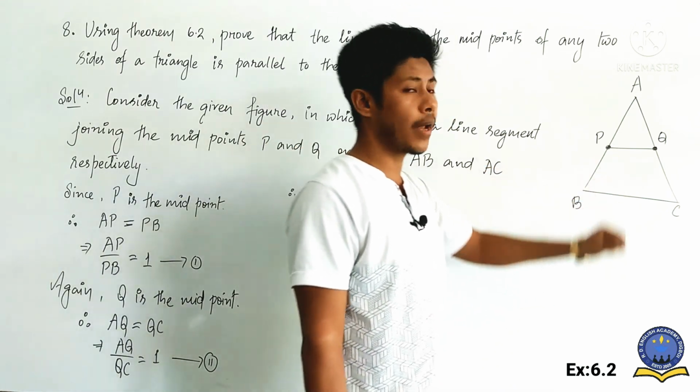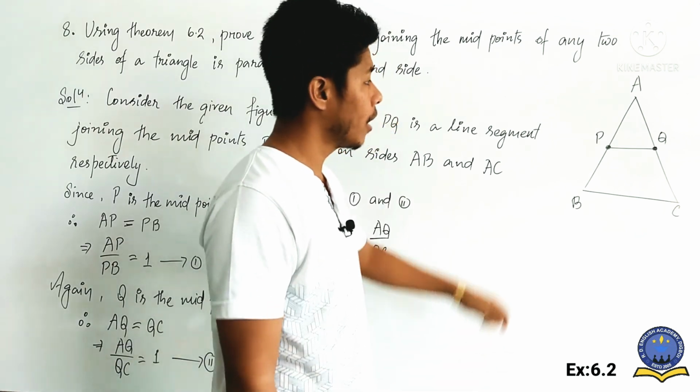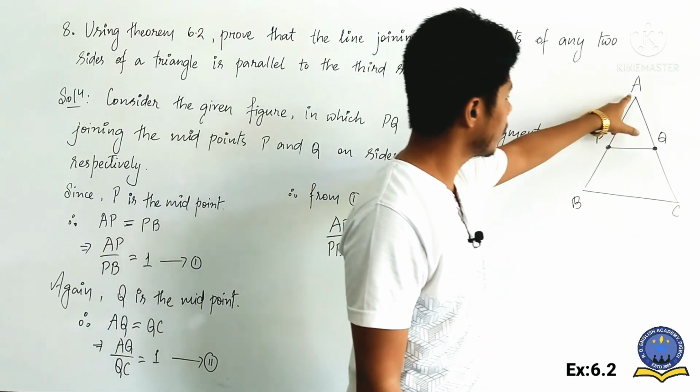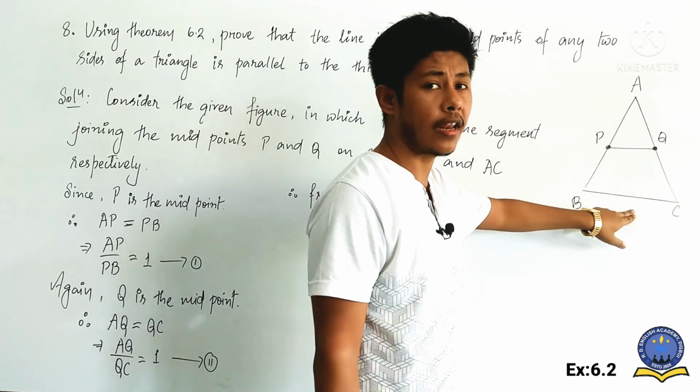So easily we can apply here the converse of Thales theorem, because according to the converse of Thales theorem, if AP by PB is equal to AQ by QC, then PQ is always parallel to BC.